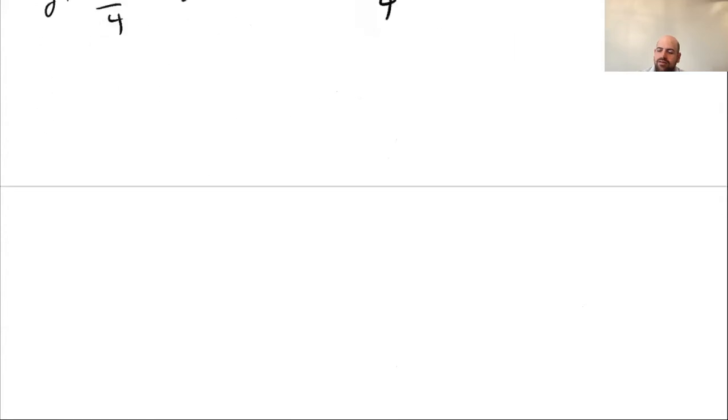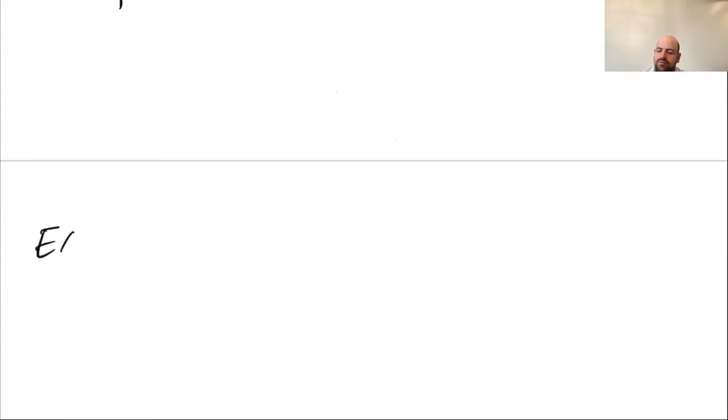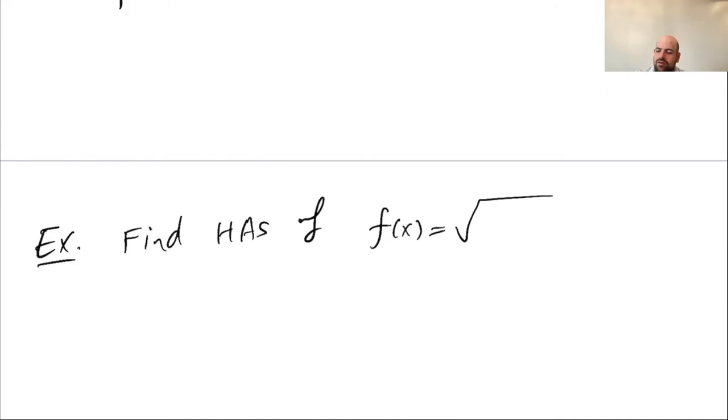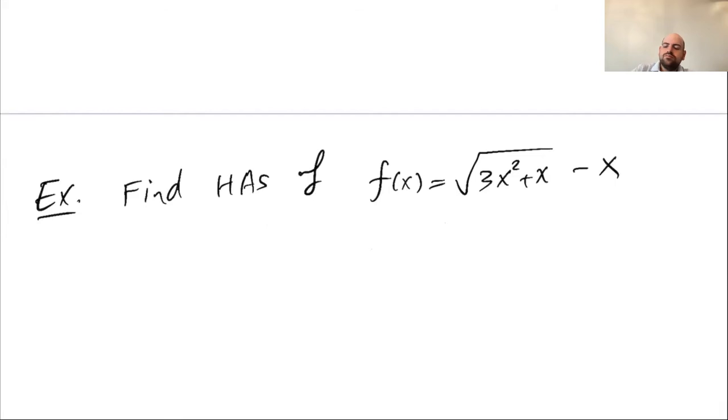Okay, so now let's look at the next example. Find horizontal asymptotes of, let's say, f of x equals square root of 3x squared plus x minus x. Horizontal asymptotes of this function.